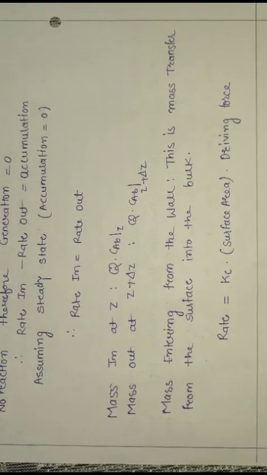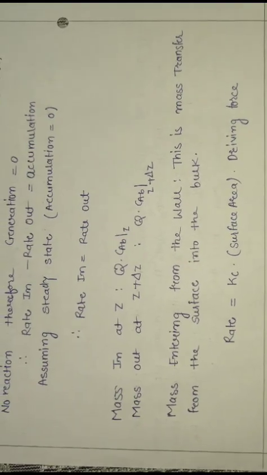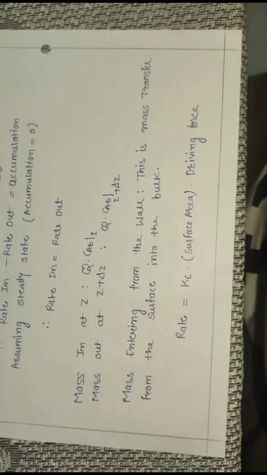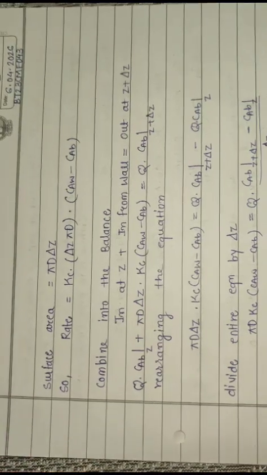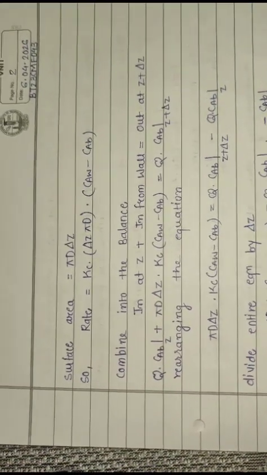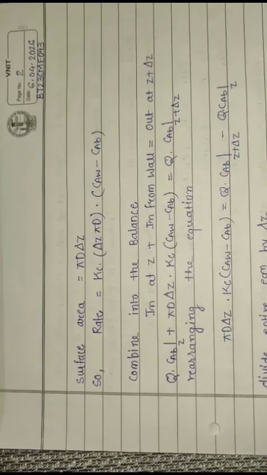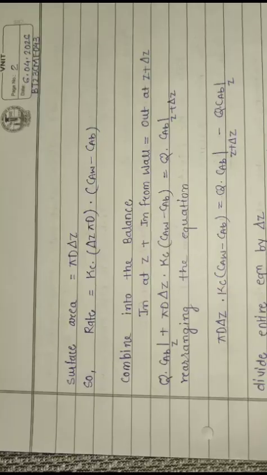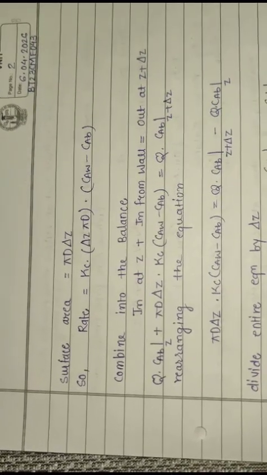So the rate equation will become Kc times surface area times driving force. Surface area can be calculated as pi times diameter times thickness, that is delta z, and driving force is concentration at the wall minus concentration at the bulk.